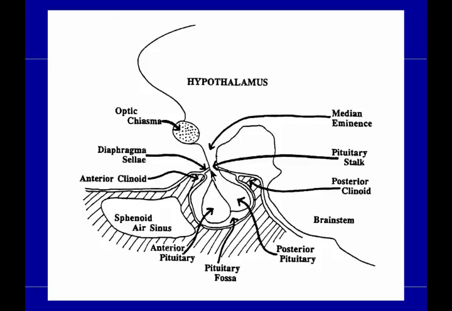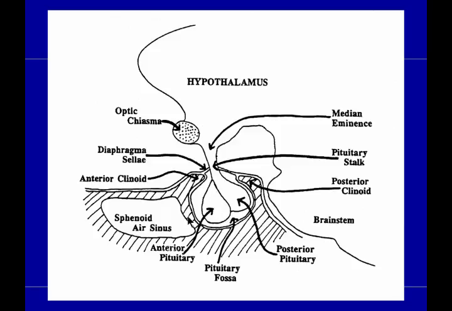It is tightly separated from the brain by a tight reflection of dura called the diaphragmatic sella, and extending through that dura is the anterior and posterior pituitary, connected via that stalk to the brain, particularly the hypothalamus. And as you'll see, both nerves and blood vessels flow through that.